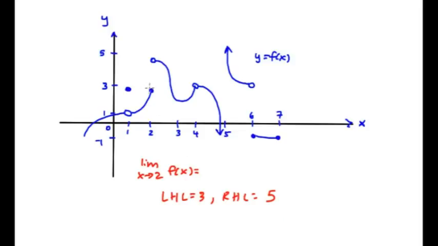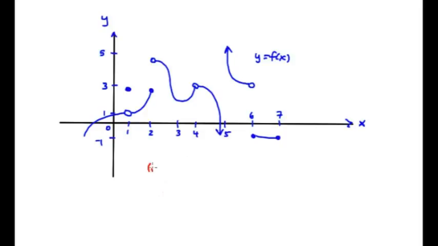And notice that it's not defined at 5, it's defined at 3, but we don't actually care where it's defined. We see that the left-hand limit is not equal to the right-hand limit. In other words, there's a jump like this, which is common in piecewise defined functions. So they're not the same, so the limit does not exist, which is DNE in shorthand.